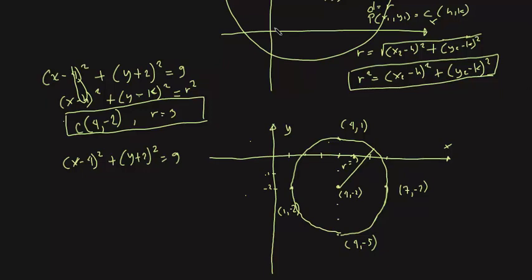Let me give you some more examples. Let's say the given equation is x squared plus (y minus 7) squared equals 4.